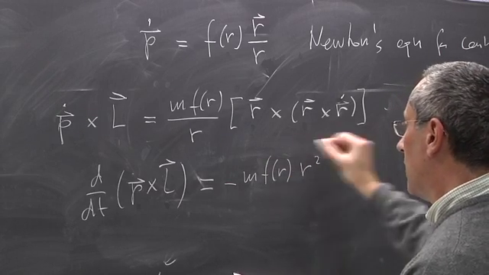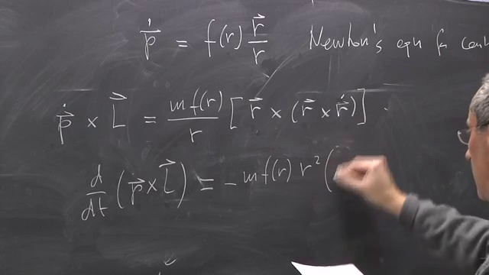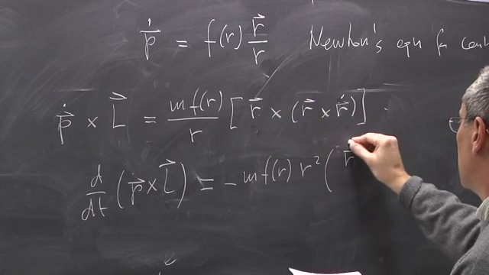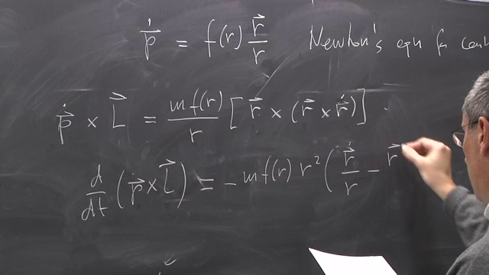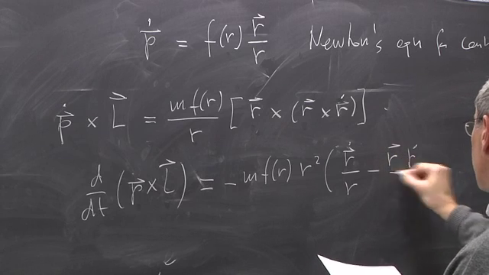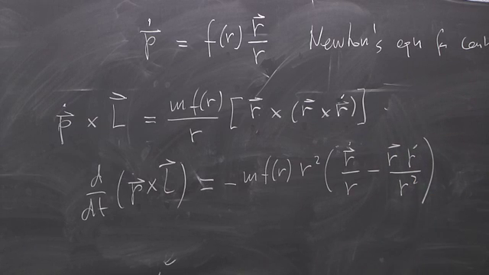Let me write it this way. I pull inside this, and then I take the derivative here, r dot minus r, then r dot r square, by using what I just erased.